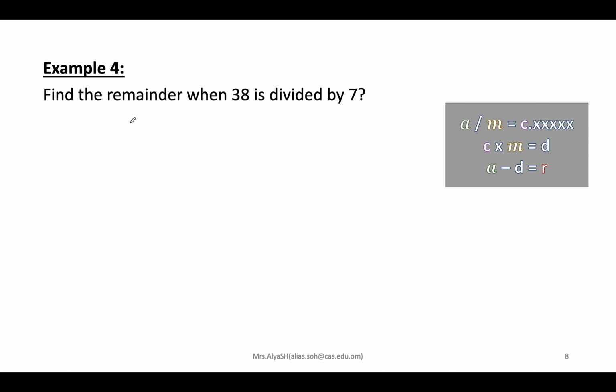First of all, we divide 38 by 7, and we get 5.42. Then take the number before the fraction point, multiply by 7, and we get 35.